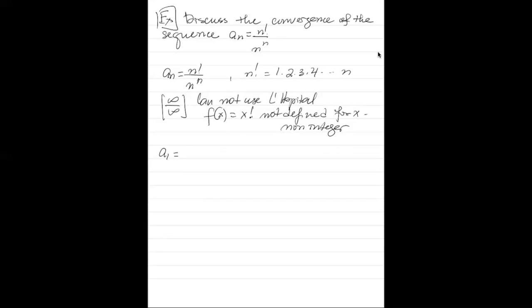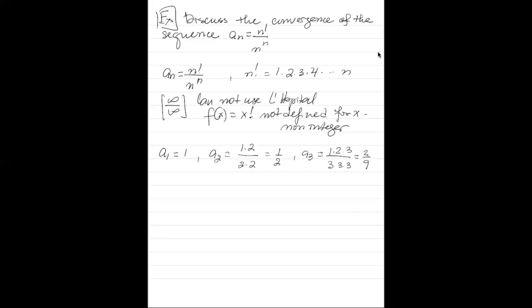A sub 1 is equal to 1 factorial over 1 to the 1. A sub 2 is equal to 1 times 2 over 2 times 2, which is 1/2. A sub 3 is equal to 1 times 2 times 3 over 3 times 3 times 3, and cancelling the 3's, it's equal to 2/9, and so on.